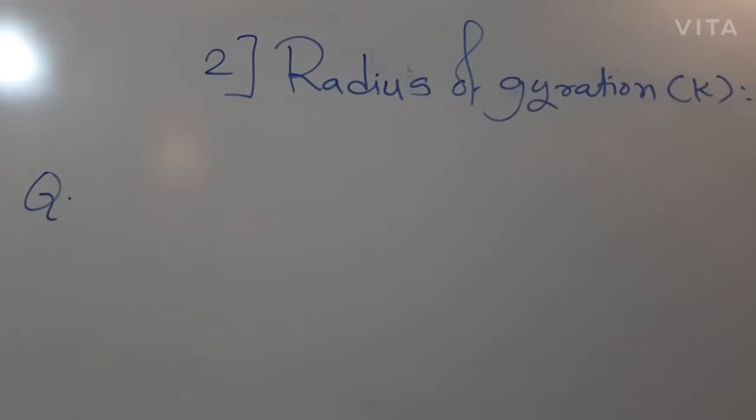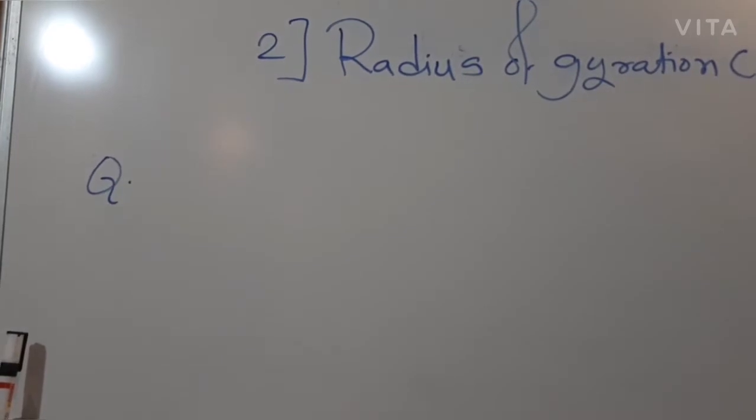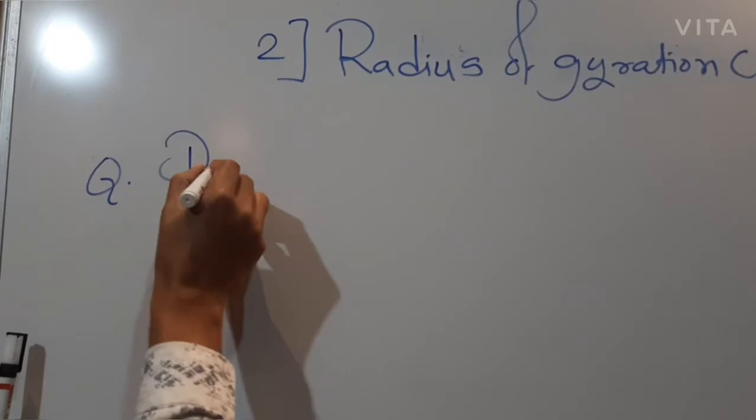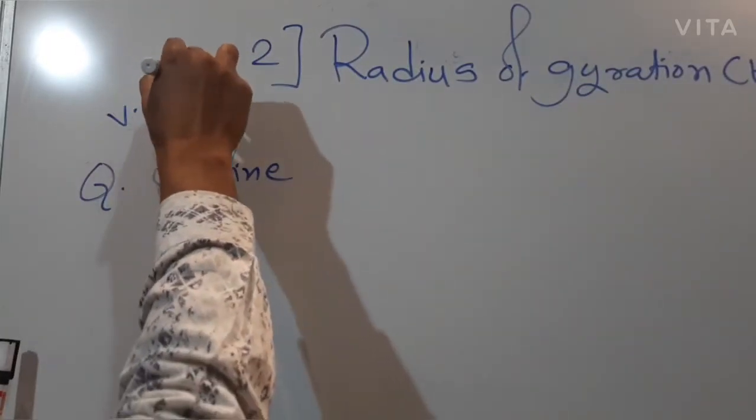Define the radius of gyration and give its physical significance. It is also a VIMP question.